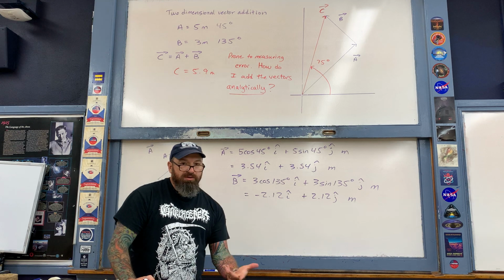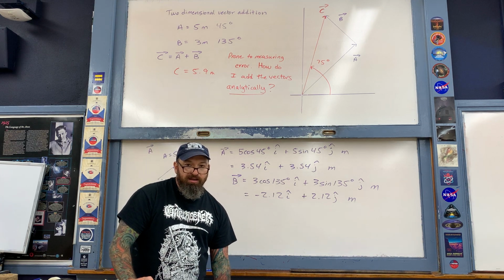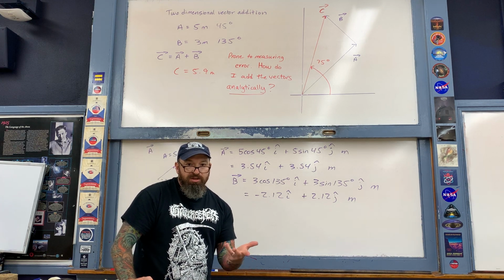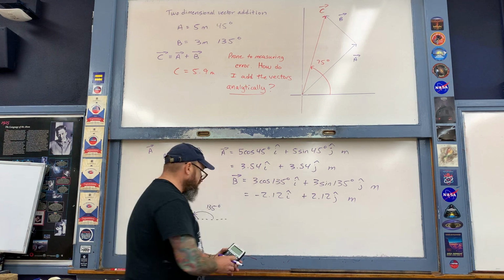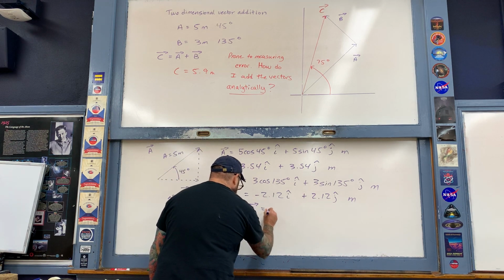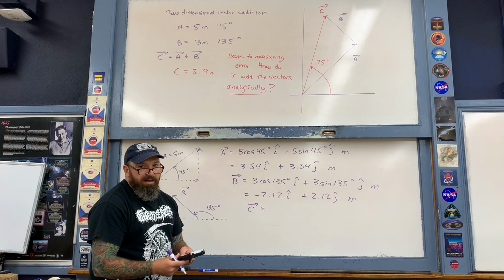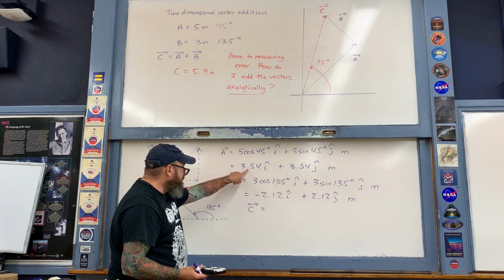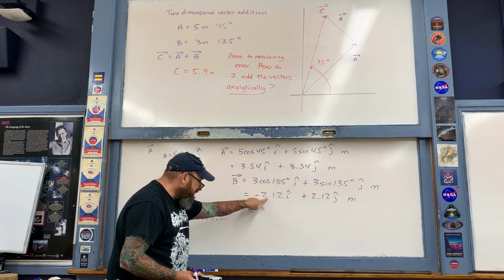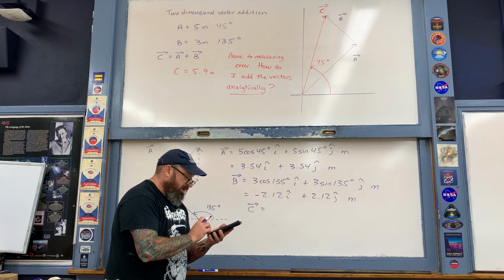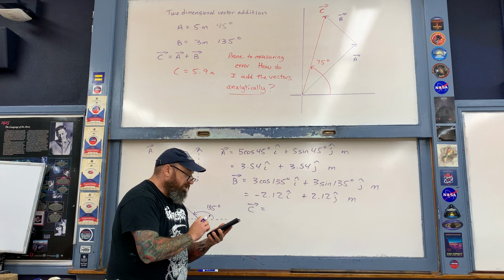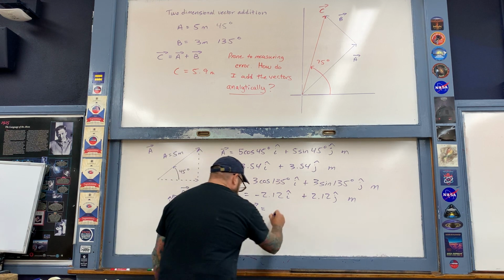And now what I have to do is add these two vectors together analytically, just add the components together to get the resultant, that is the vector C. So the x component of the vector C is going to be this 3.54 plus this negative 2.12. So 3.54 minus 2.12, and that comes out to be 1.42.